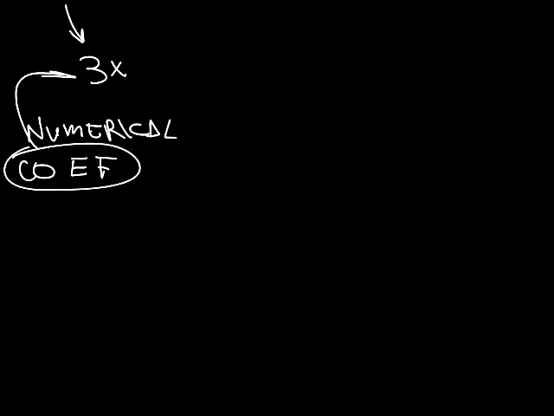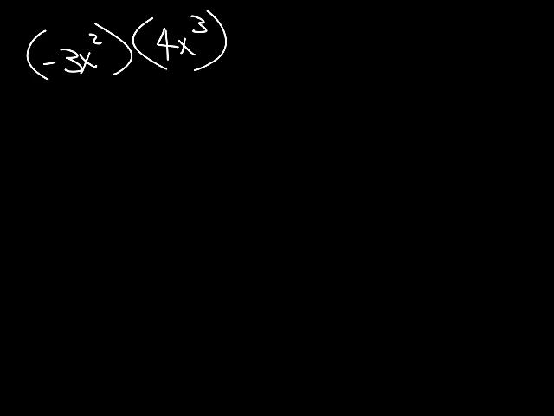But anyway, let's go ahead and start multiplying some of these things. Example 1, we've got 3x squared, and we're going to multiply that by 4x cubed. So the secret behind multiplying monomials: we multiply the number parts, and then we multiply the variable parts.